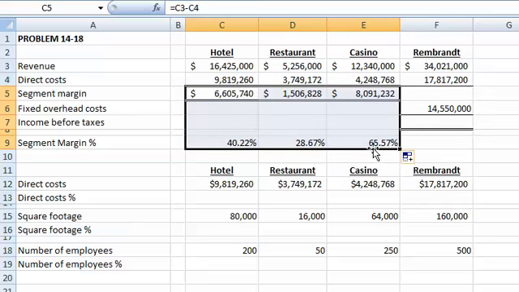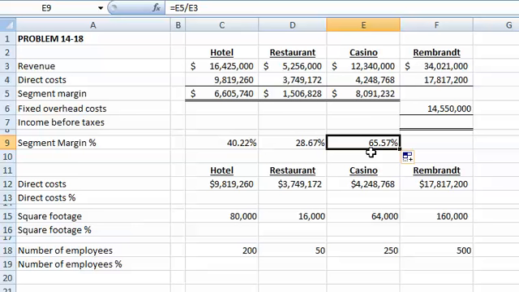In terms of segment margins, the casino seems like it has the highest segment margin, but in terms of true profitability, we would need to consider how much of this common fixed cost should be allocated to the casino.